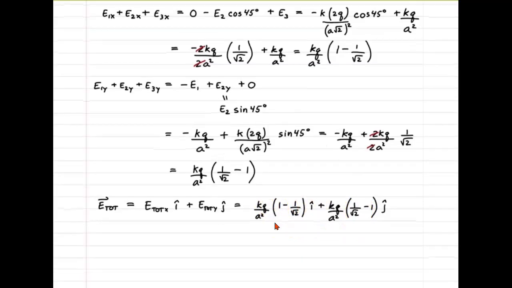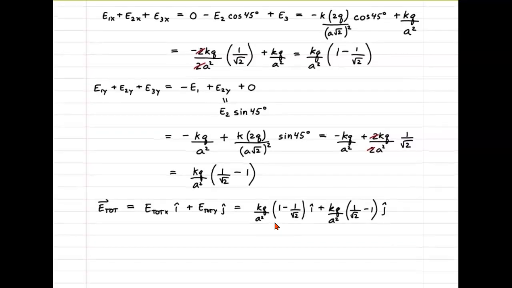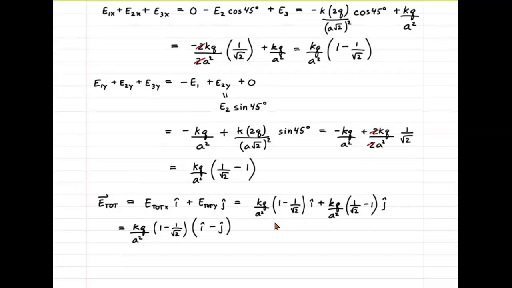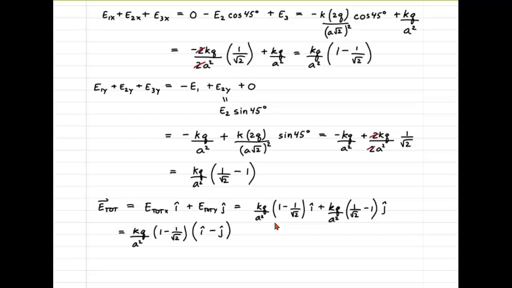So we can actually simplify it a little bit more by writing out KQ over A squared, pulling out this, and then we'll have I hat minus J hat, right? Because the second term, the J hat term, is minus the other. So this is the most simplified form of this electric field.